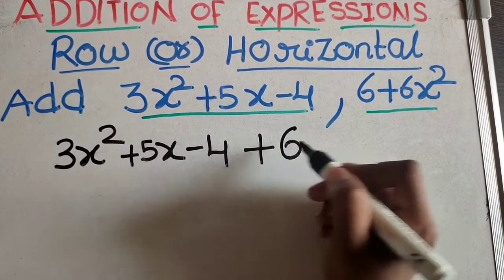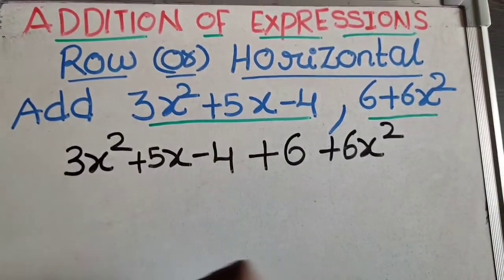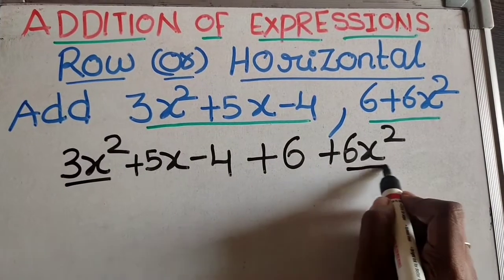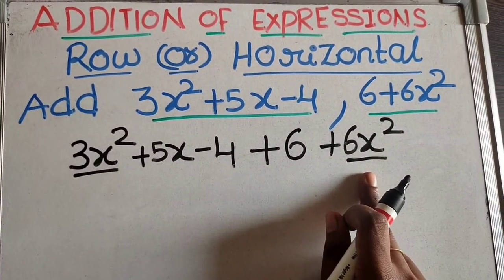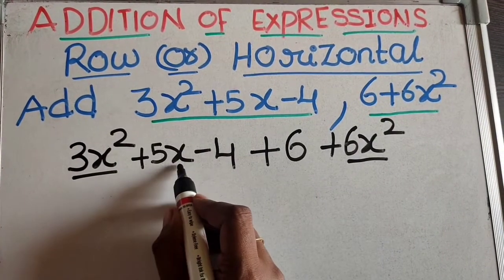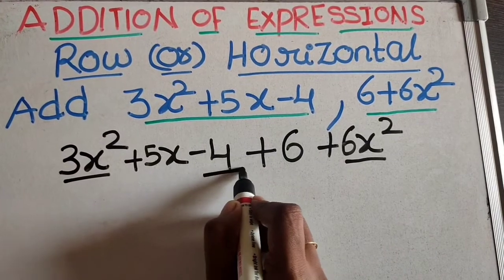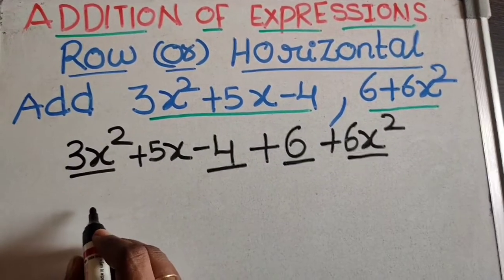So 6 plus 6x square. Now what do we have to do? We have to arrange x square terms, x terms and constant terms. So first I am taking the x square terms. Next, constant terms, because there are no other x terms, so we are leaving that.